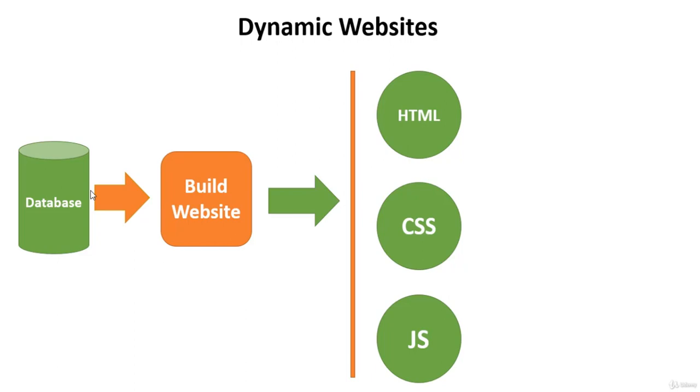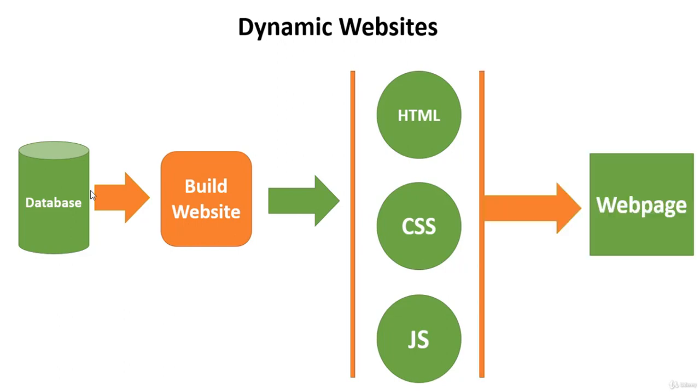That built website is converted into HTML, CSS and JavaScript, and at the end it is displayed on the screen, which is our web page. These types of websites are called dynamic websites. In dynamic websites, the processing is done on the server side of the application, and we simply convert our data into HTML, CSS and JavaScript on the front end and display it on the screen. So this is the dynamic website.